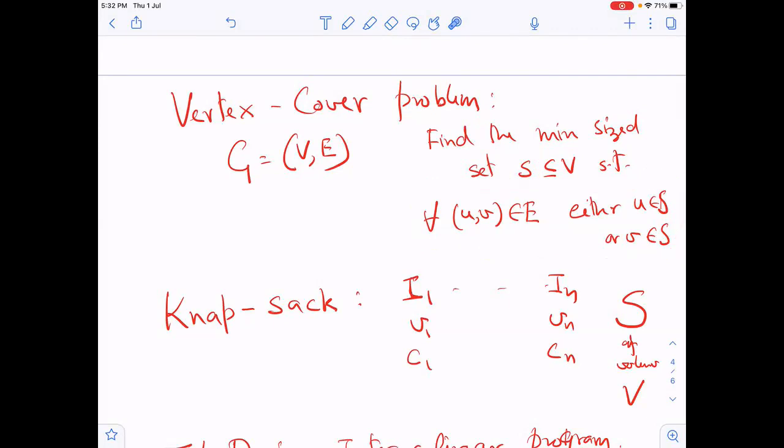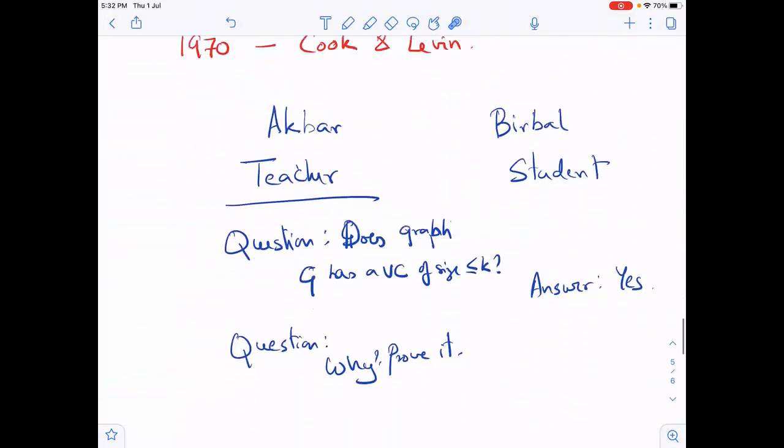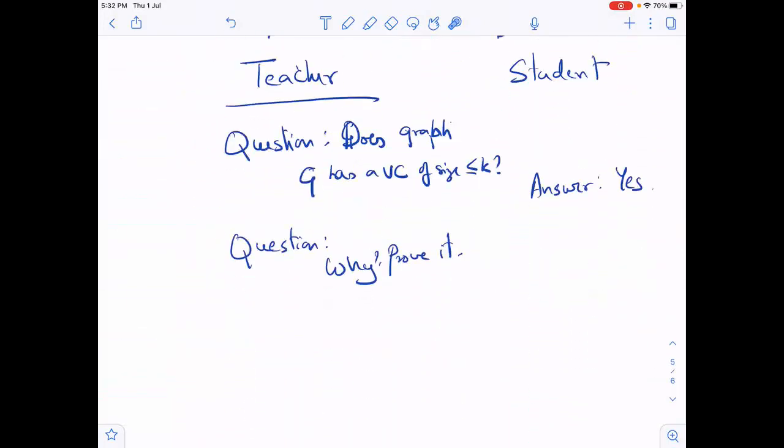Verifying it. I can verify it. So verifying in what amount of time? How much time will it take to verify it? N square time. N square time? Yeah. Again, in today's class, I don't care about n square, it can be verified in polynomial amount of time. So this is interesting.